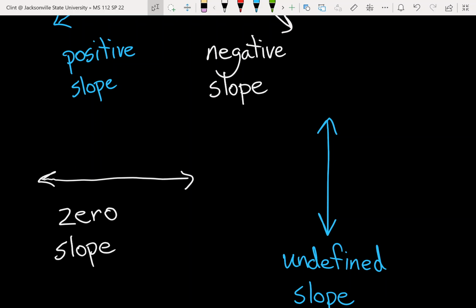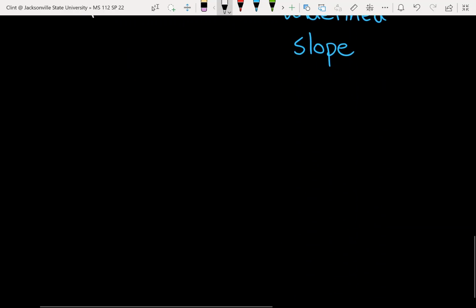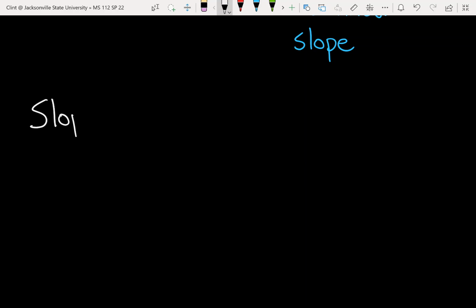So let's talk about how to calculate that. We have a slope formula. And our slope formula says m, which is the symbol we use for slope.